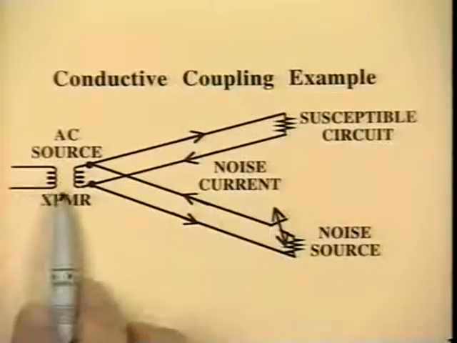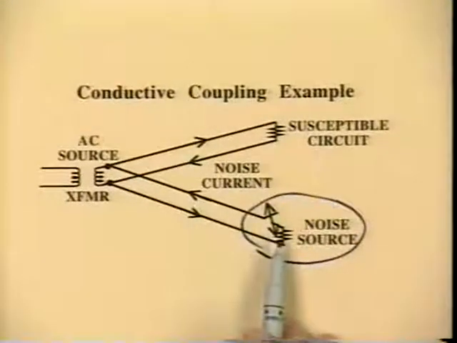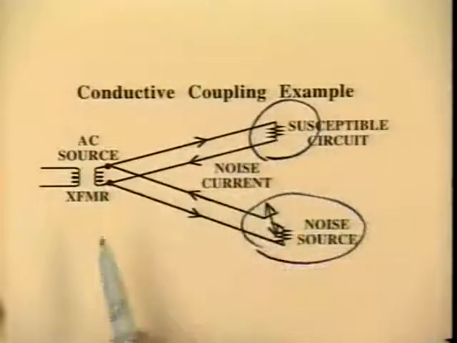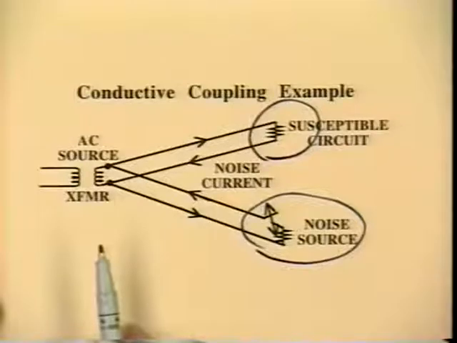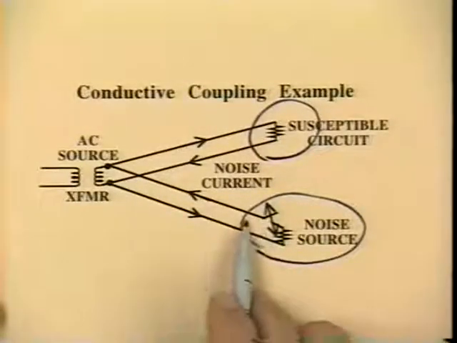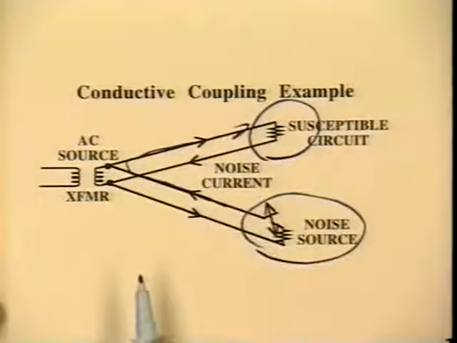Let's say we have AC power coming into a switching device, a load on the AC line that generates a considerable amount of noise, and another load on the same AC source that is susceptible. Well, one good possibility is that this switching action puts transient noise currents back up onto the power bus and they propagate over to the other circuit.